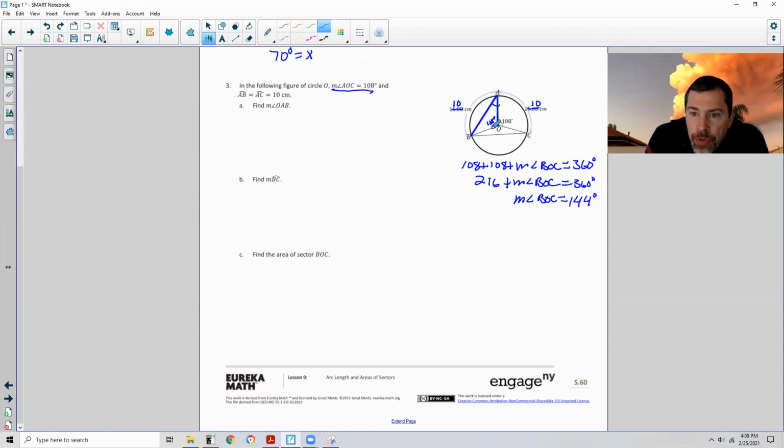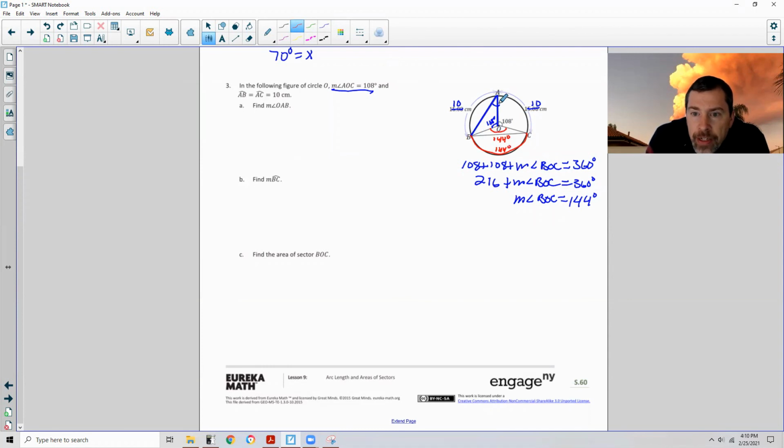Okay, so this angle here is 144 degrees. And therefore, the measure of arc BC is going to be equal to it. That will also be 144 degrees.